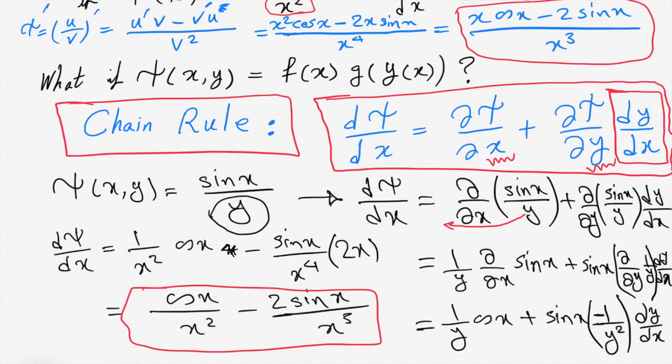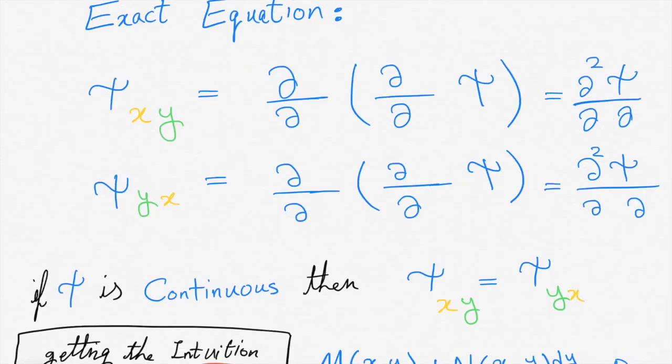If an equation can have the form of an exact equation, then we have a method to solve it. Very well. So now we are ready to talk about exact equations.